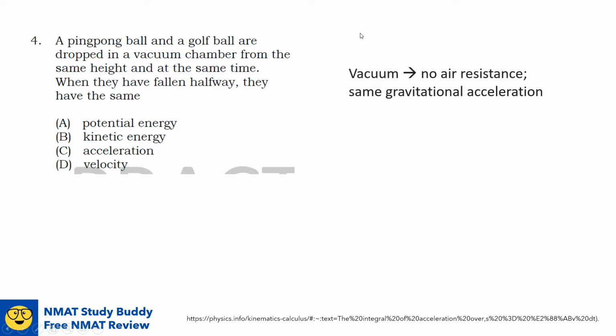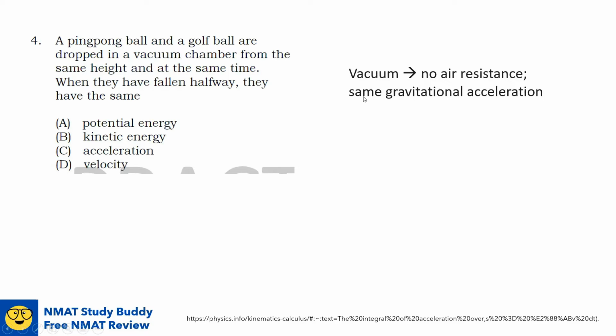For example kasi, di ba, naghulog ka ng feather compared to a golf ball sa isang building. So, yung feather, yung pag-fall niya is, syempre, di naman siya agad na madadrop ng dire-diretsong pa-vertical. Due to air resistance, lulutang-lutang pa siya sa air. Pero, kapag sinabing vacuum, walang air resistance na involved.